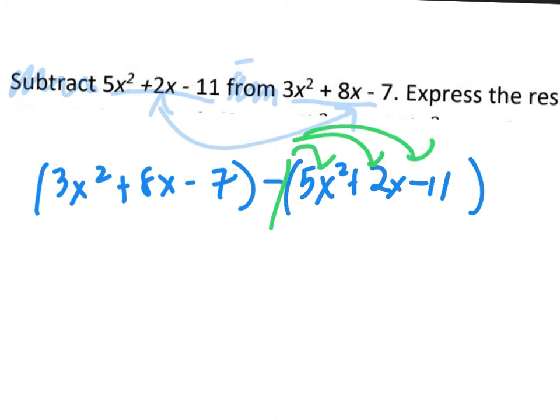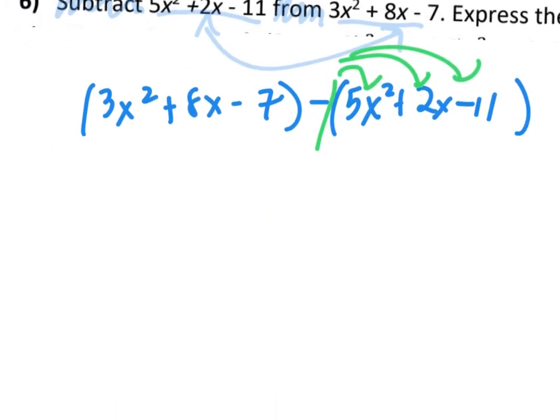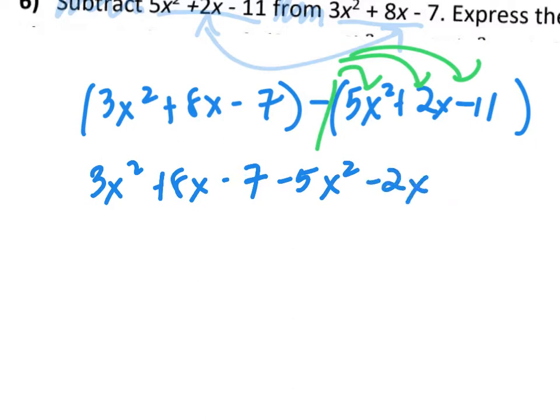So once I distribute the negative, my new expression is going to be my first expression that I didn't do anything to, 3x squared plus 8x minus 7. Okay, and then -1 times 5x squared is minus 5x squared. -1 times 2x is -2x. -1 times -11 is plus 11.